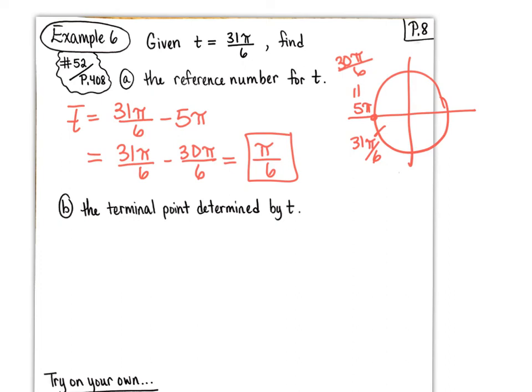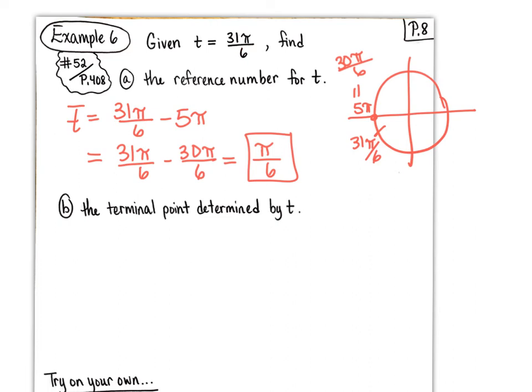So my question in part B says, what is the terminal point determined by T? You want not the point for pi over 6, but the terminal point determined by T. You want the terminal point for 31 pi over 6.